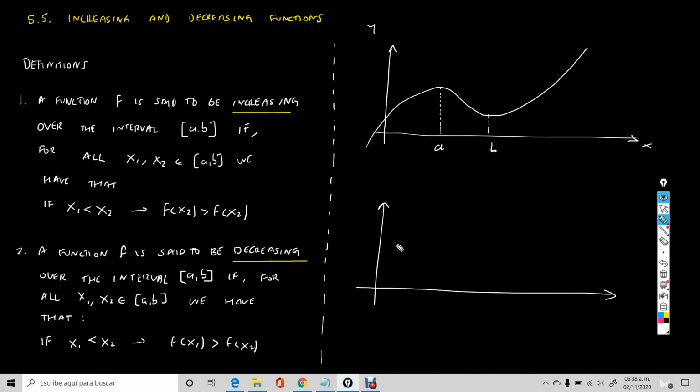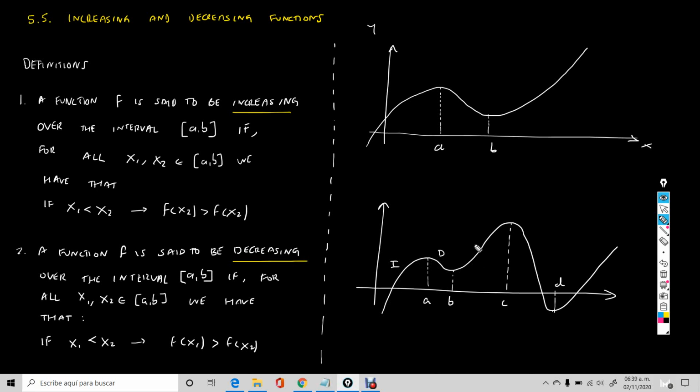For example, I can create another function that does something like this, okay? And I can spot these one, two, three, four parts, okay? Let's call them A, B, C, and D. And I can see that the function is increasing from minus infinity to A. And then from A to B, the function is decreasing.